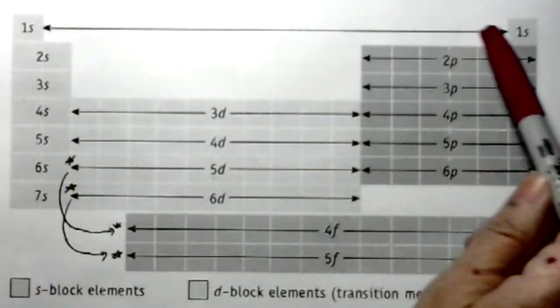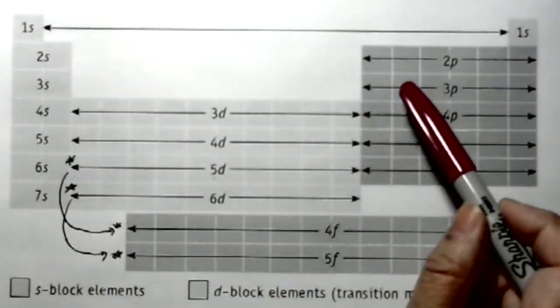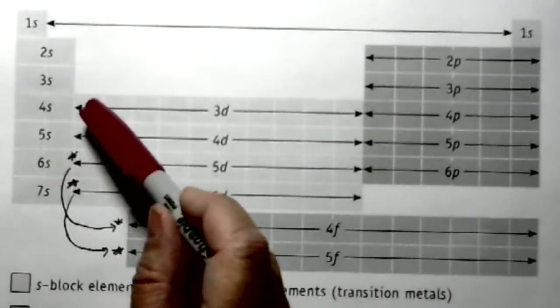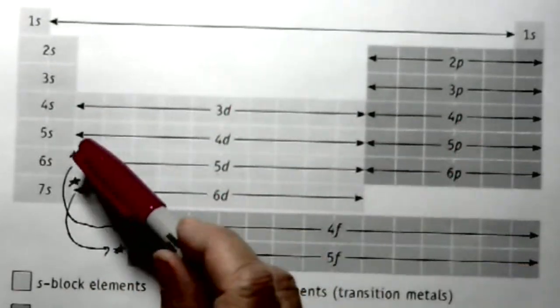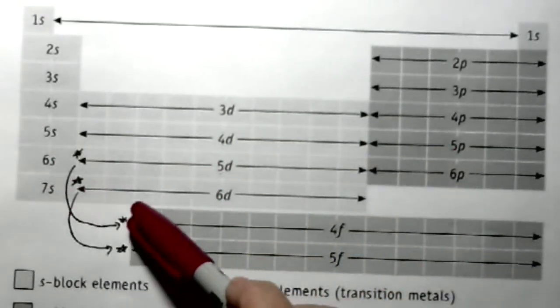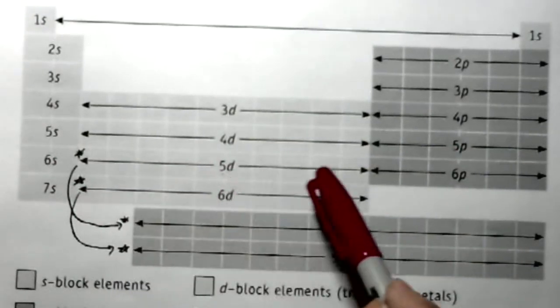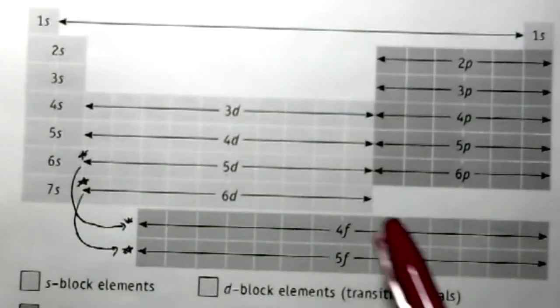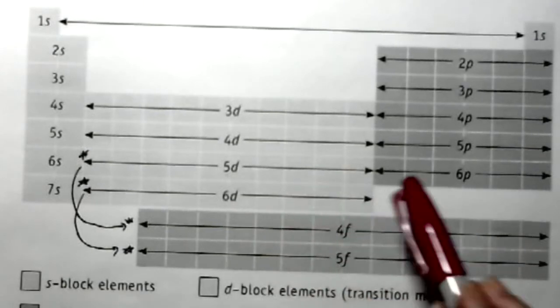It tells us that the 1s goes first, then the 2s, then we fill the 2p's, then the 3s's, the 3p's, the 4s's, the 3d's, the 4p's, the 5s's, the 4d's, the 5p's, the 6s's, then the 4f's, then the 5d's, then the 6p's, then the 7s's, then we do the 5f's, the 6d's, and we're done.